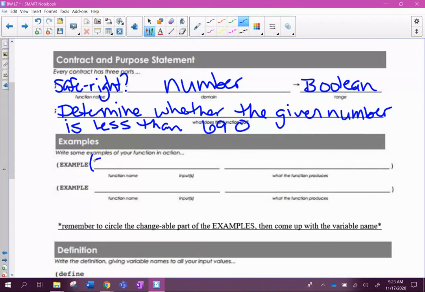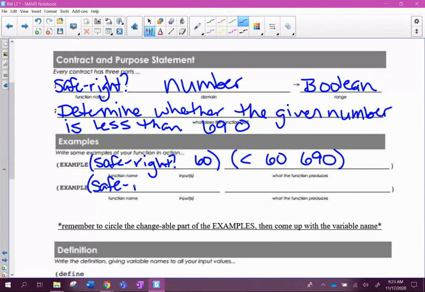So my examples, safe right, maybe we do 60. Here we're checking to see if it's less than 690. Safe right 240, and again we're checking to see if it's less than 690.